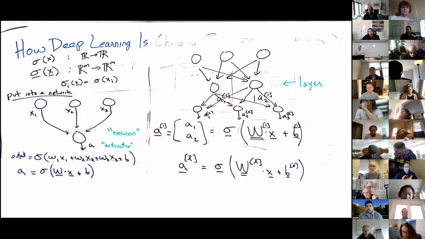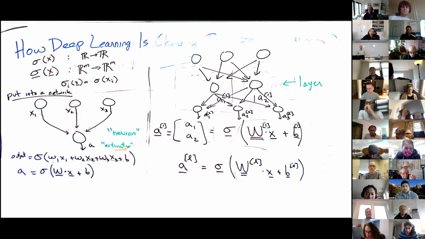Are you with me? Tell me this, in this first layer, how many fittable parameters do I have, if you're with me? Or let me say this, how many numbers are in B1 and how many numbers are in W1?